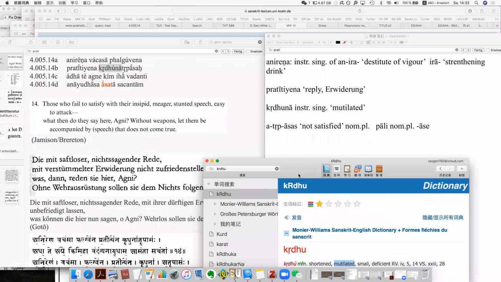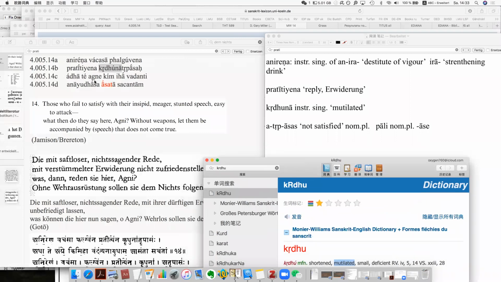Okay. And then ada te akne kim iha vadanti. So ada means here. And te means they.